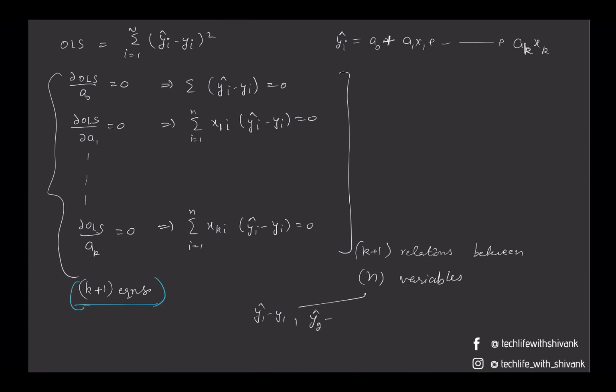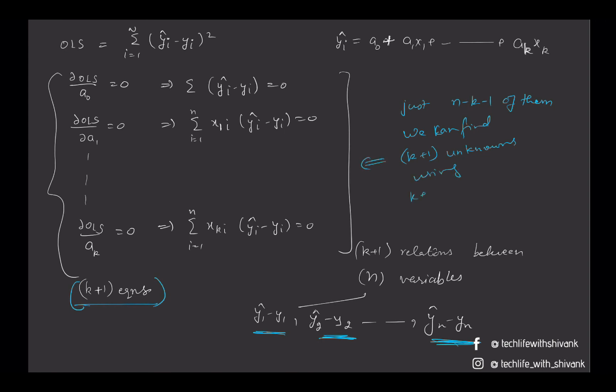By n variables I mean y1 cap minus y1, y2 cap minus y2, up to yn cap minus yn. So among these n variables, we just need the values of n minus k minus 1 of them, and we can find the values of the rest k plus 1 variables by using these k plus 1 equations that we just derived. Hence the degrees of freedom for this case is n minus k minus 1.